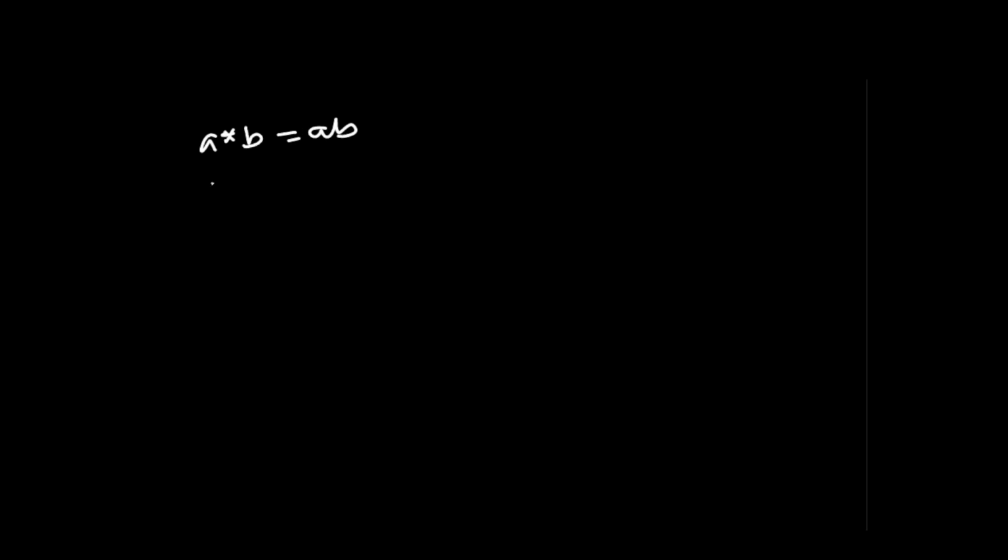I'll substitute B. Always substitute the second element with E. So that will give me AE. And you know that if I combine A operation E, my result must be A. So this will be AE. Then divide both sides by A. So you have that the identity of this is 1.